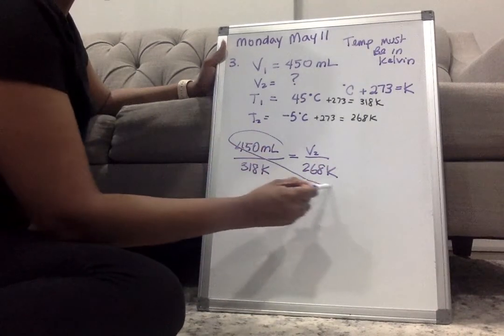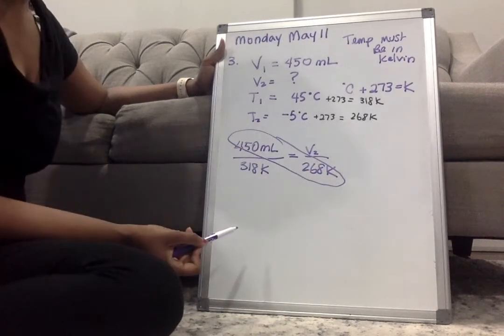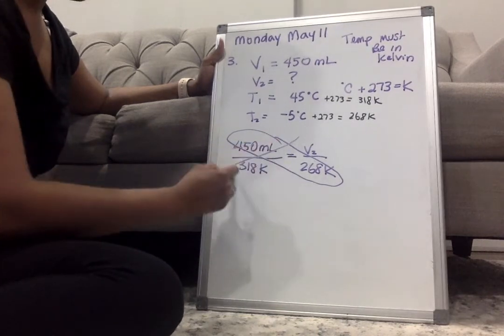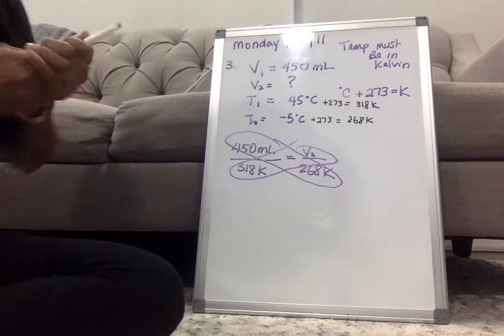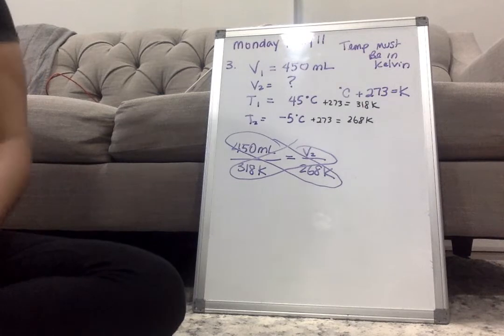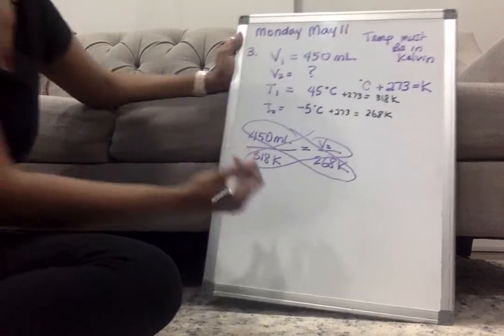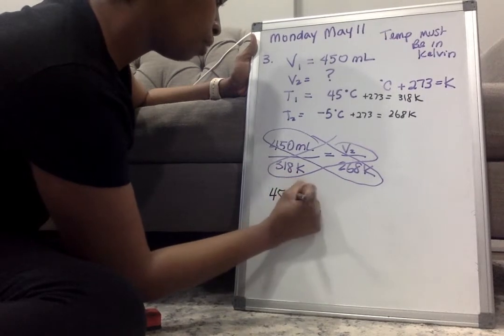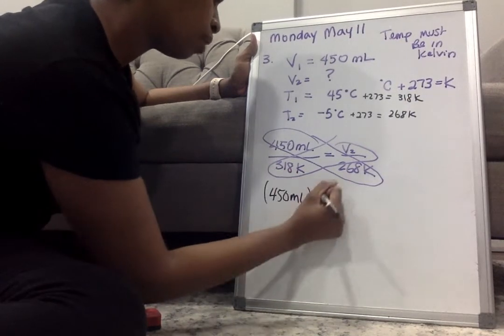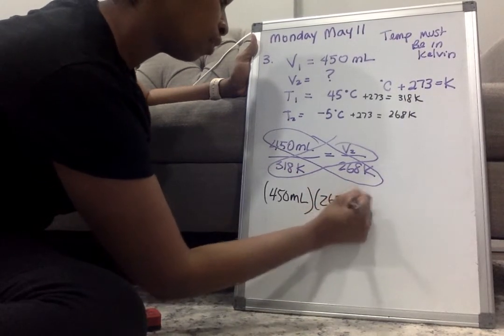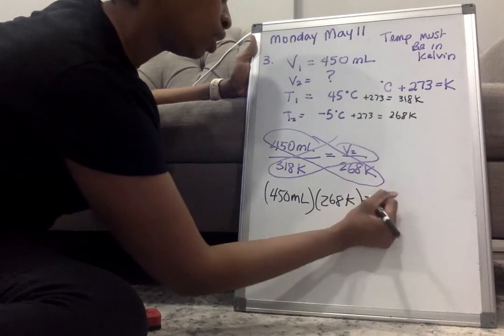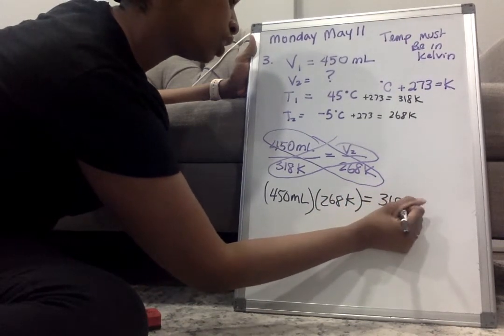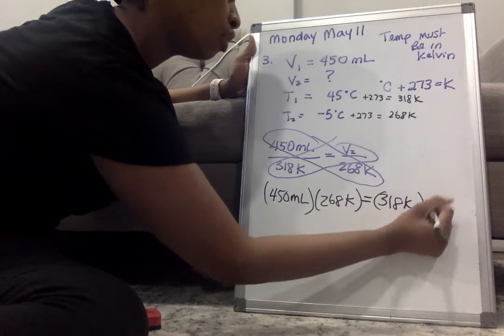So we're going to multiply these two numbers first and multiply those. Oh, this purple marker. So we have 450 milliliters times 268 Kelvin, and that's going to equal 318 Kelvin V2.